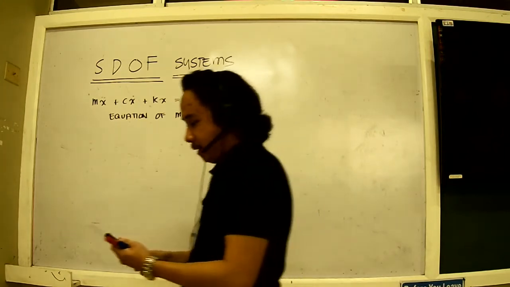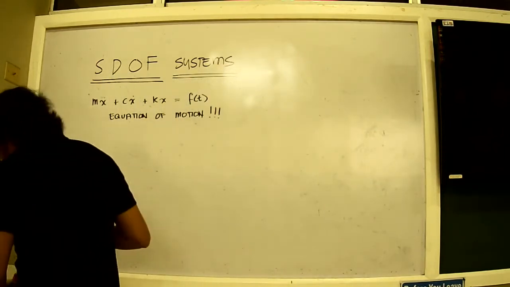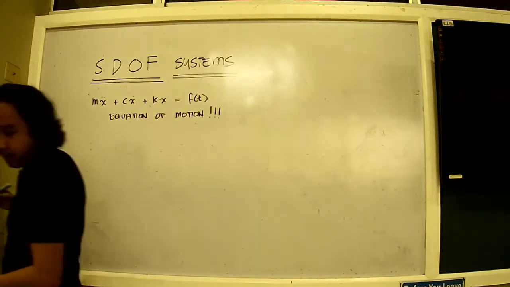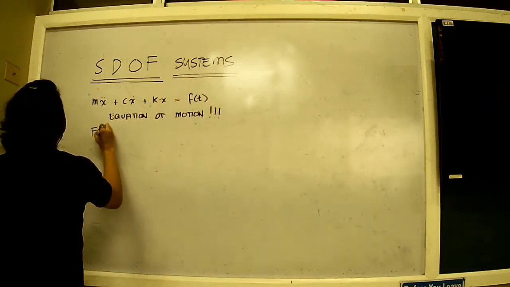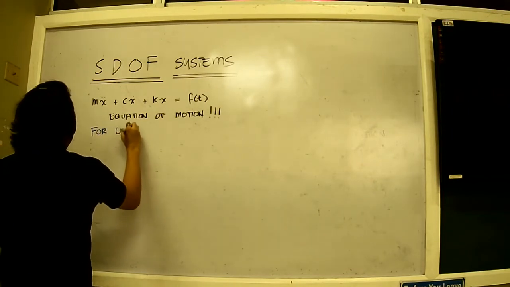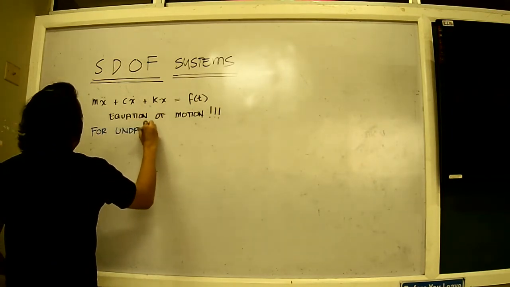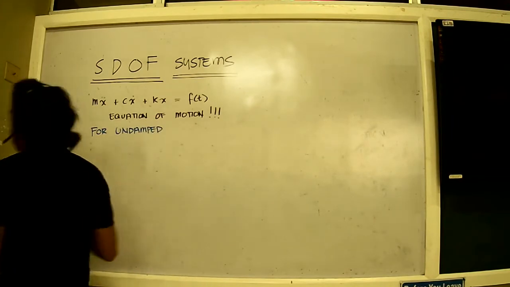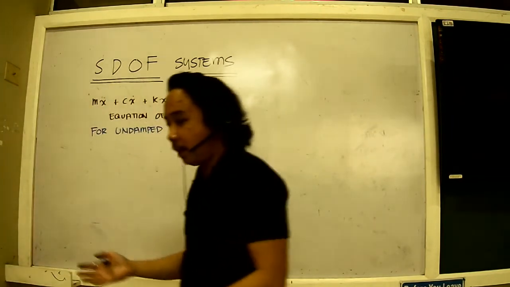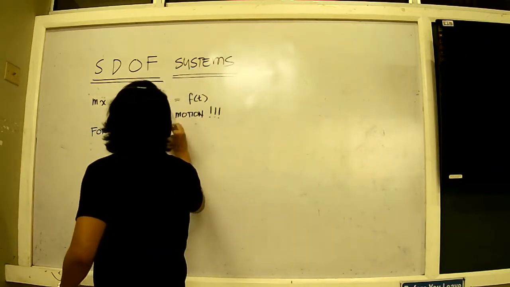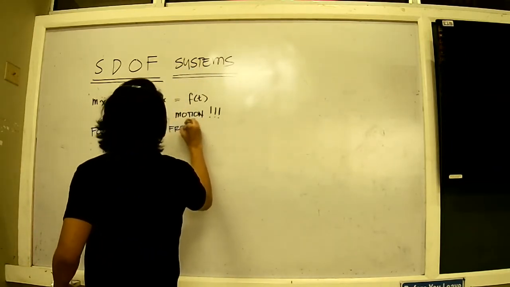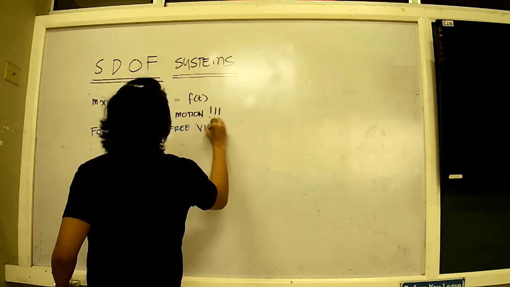Now, what we'll be talking about here is structures that are undamped. Of course, we're still not capable of discussing the more advanced terms, so let's just go for undamped free vibration, undamped free vibes.